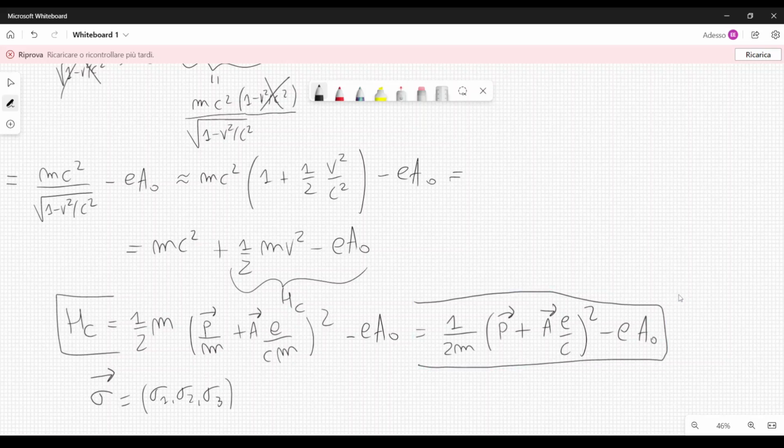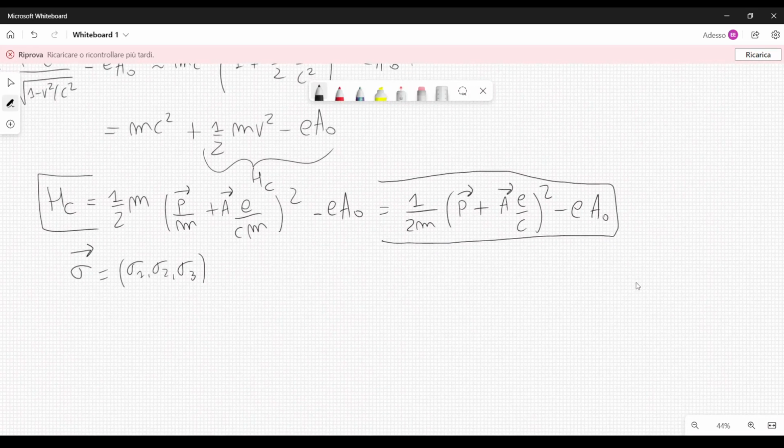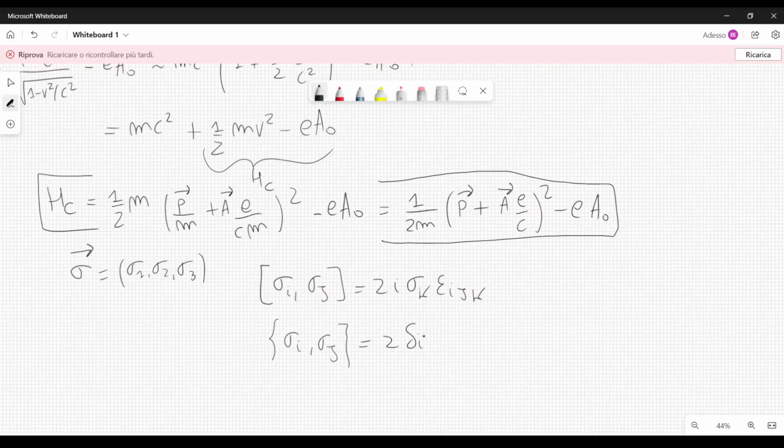And the Pauli matrices, I will show you the importance of these matrices. In particular, we have that the commutator between sigma i and sigma j is equal to 2i sigma k times epsilon ijk. Epsilon ijk is simply the Levi-Civita symbol, and then I also have the anti-commutator between sigma i and sigma j, which is equal to twice the Kronecker delta ij.